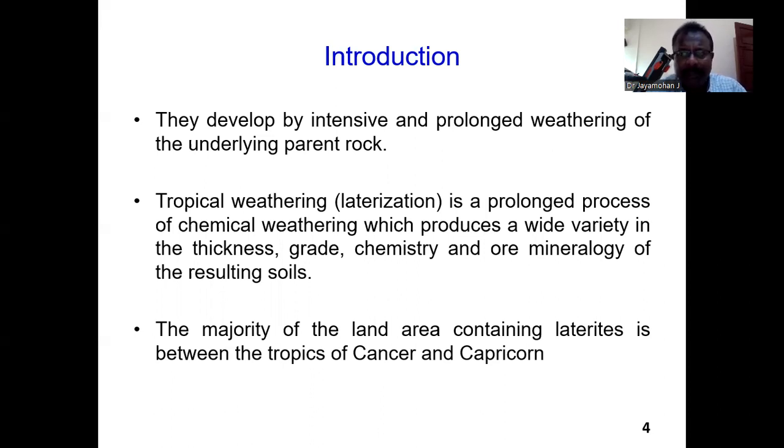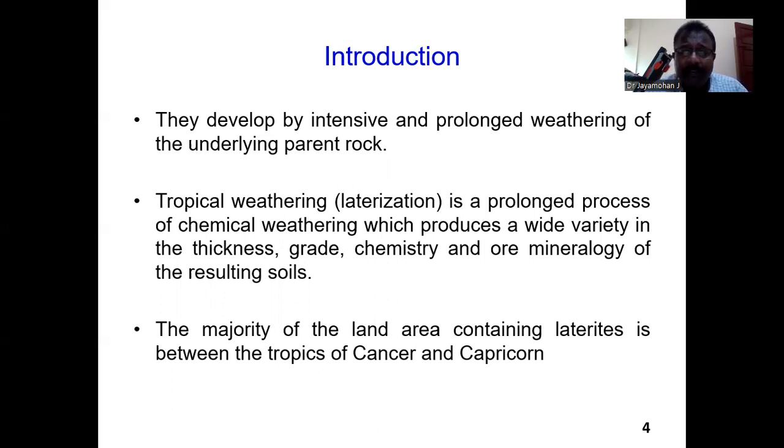After the formation of clay mineral, chemical weathering further continues, which results in the formation of lateritic soil. This lateritic soil varies widely in thickness, in its grade, chemical composition, in its mineralogy, etc.